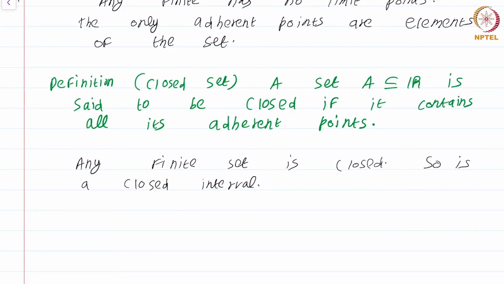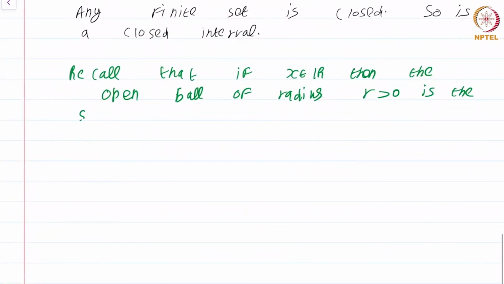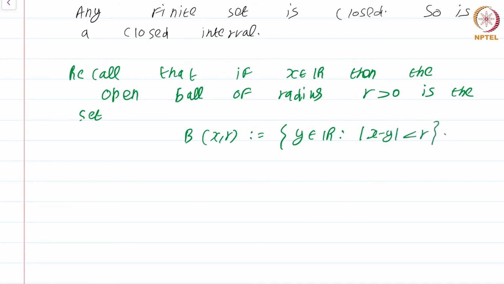So to make this precise, I need to recall that if X is in R, then the open ball of radius R greater than 0 is the set B(X,R) defined to be Y in R such that |X minus Y| is less than R. Or in other words, this is just the open interval (X minus R, X plus R).